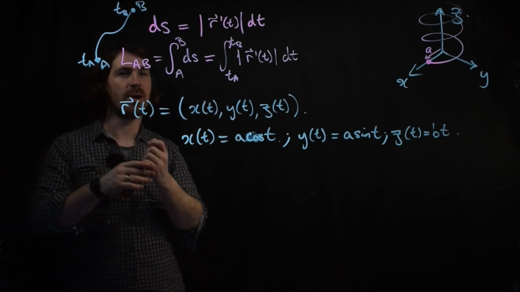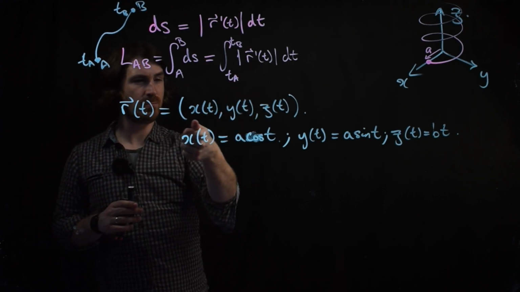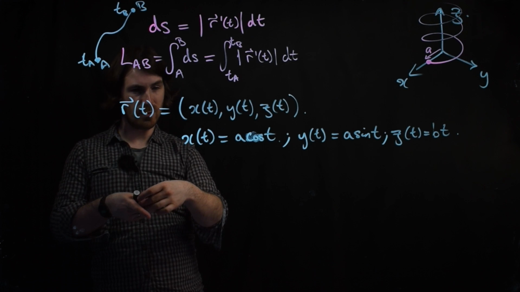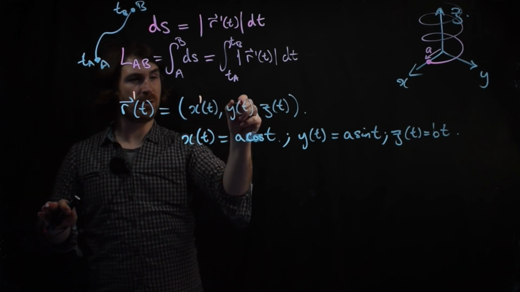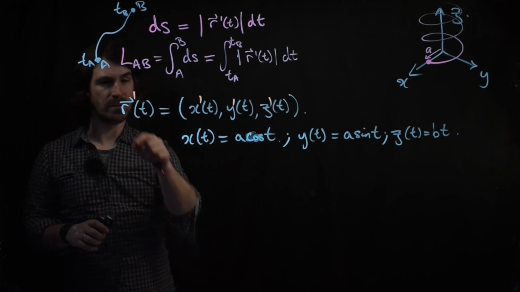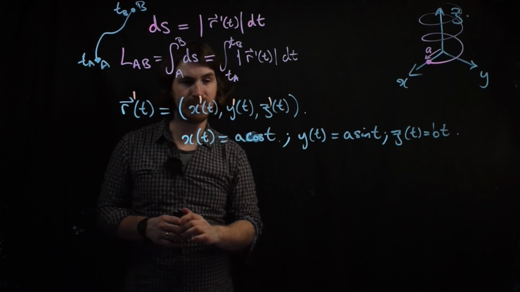If we want to find the length of the curve, we need the derivative of r, which is just dr by dt. So we get a prime on each of these: dr by dt, dx by dt, dy by dt, and dz by dt.